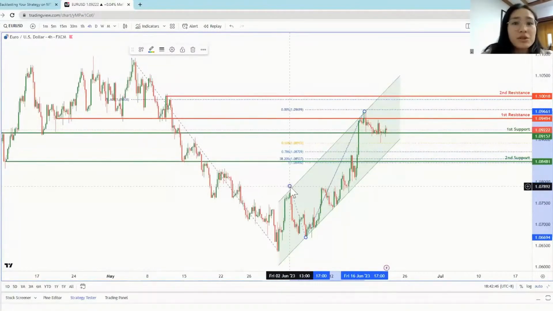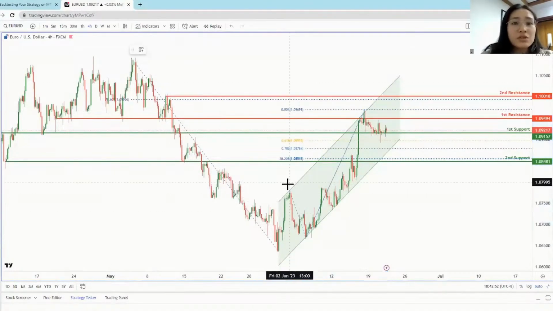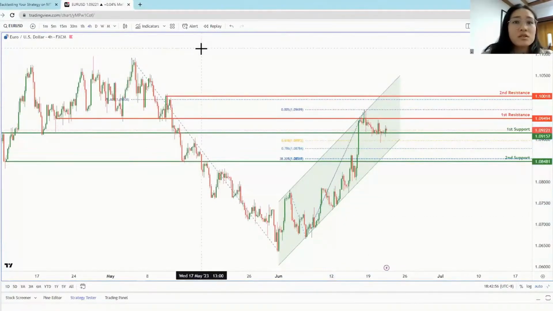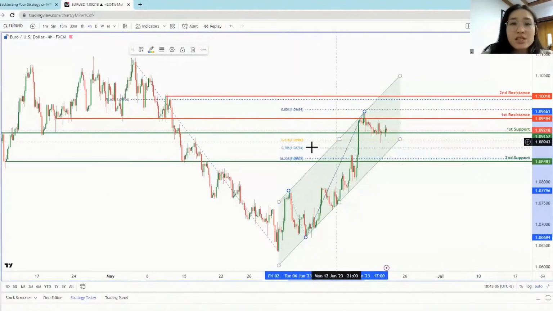And you want to remember when you're looking for a projection that you want to look for this flash kind of shape, like a Harry Potter lightning bolt kind of shape. Okay, and in this case, I can see my 100% matches nicely with the second support and the 38.2.